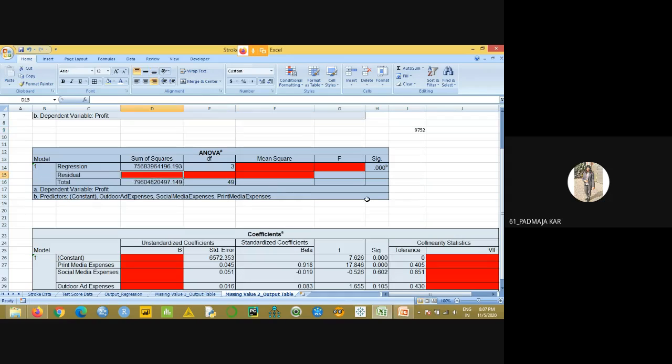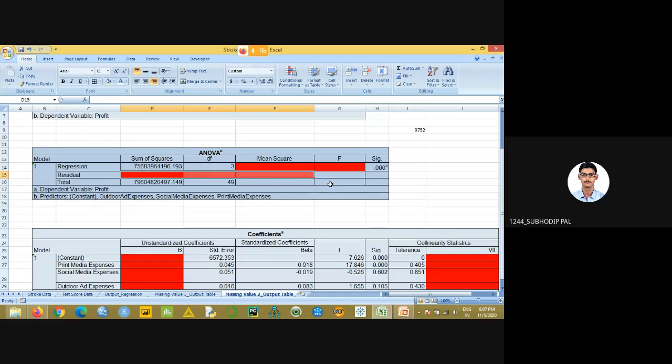Now you have to calculate the residual SSE, right? How to calculate that? Sum of squares divided by degrees of freedom gives the mean square. But wait, these three things are also missing.